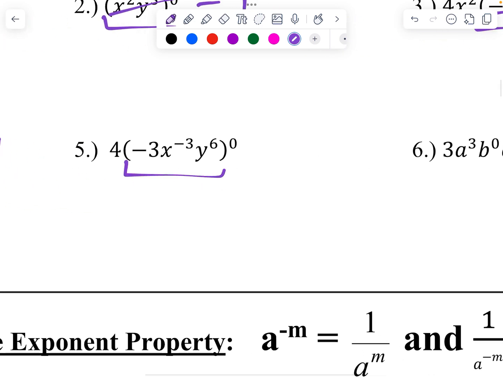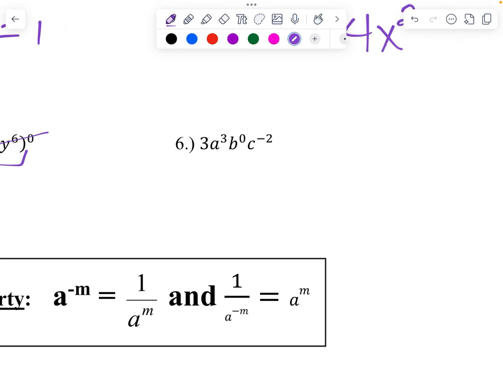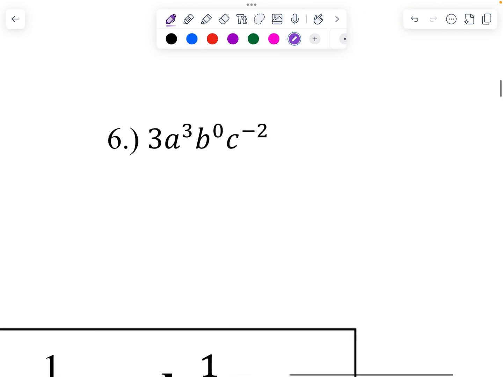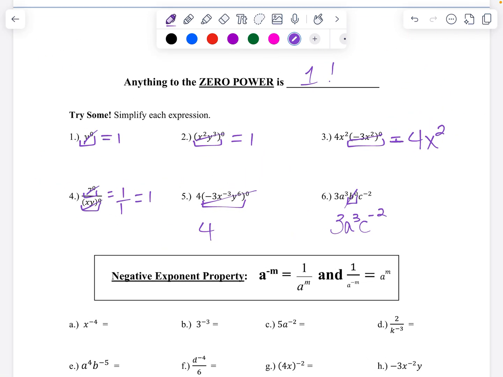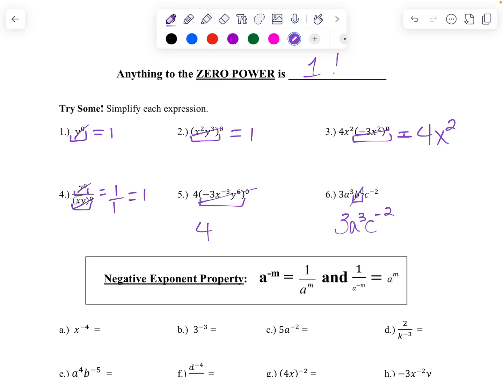Number 5, this whole parentheses is raised to the 0 power, so that's 1, but we still have the 4 out front, so our answer will be 4. And then number 6, b to the 0 is gone, so we have 3a to the third, c to the negative 2 power. And we're going to talk about negative exponents here in a second. So anything to the 0 power is always going to be 1.